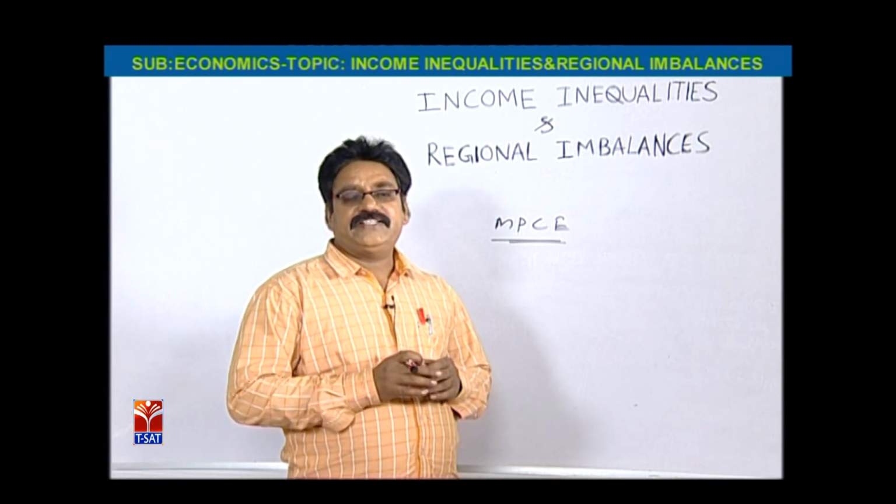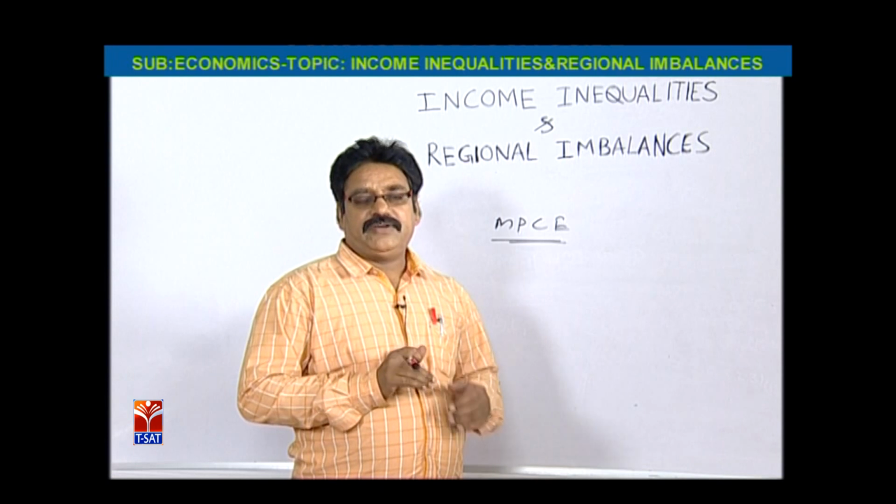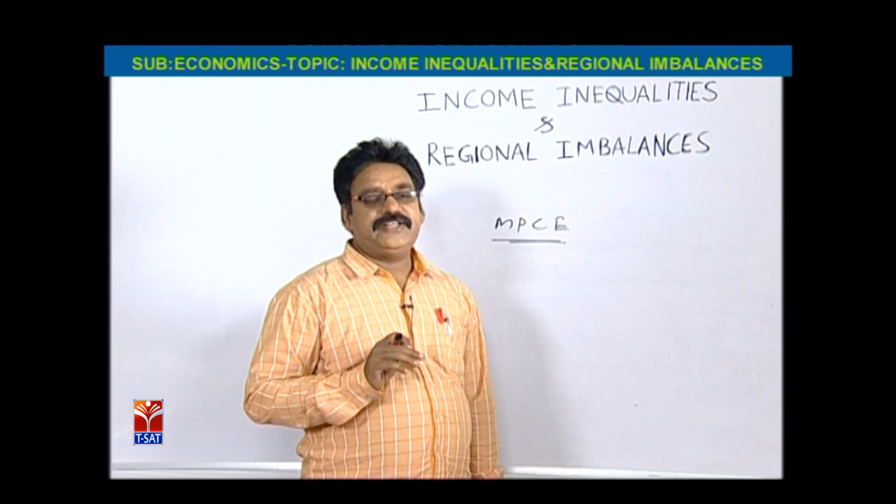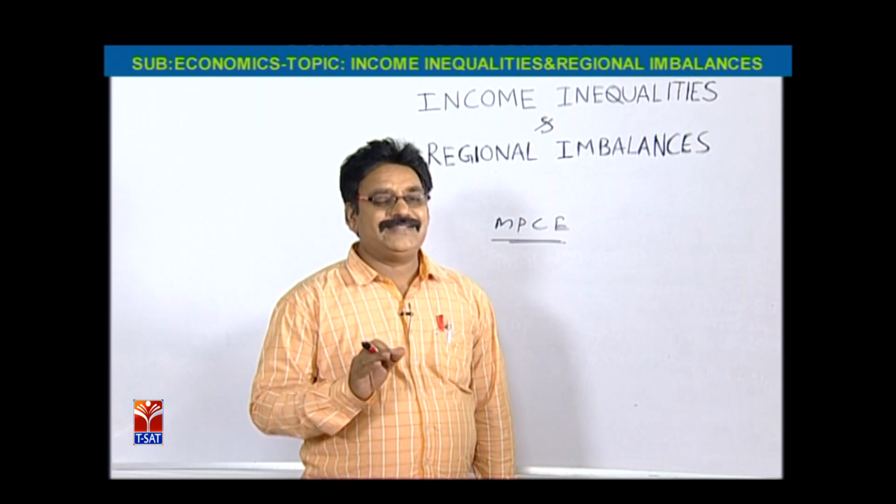The living conditions in rural areas are tough nowadays, and they won't get any employment opportunities during the off-seasons. This type of situation leads to people migrating from rural to urban. And now we are going to discuss the rural urban imbalances.